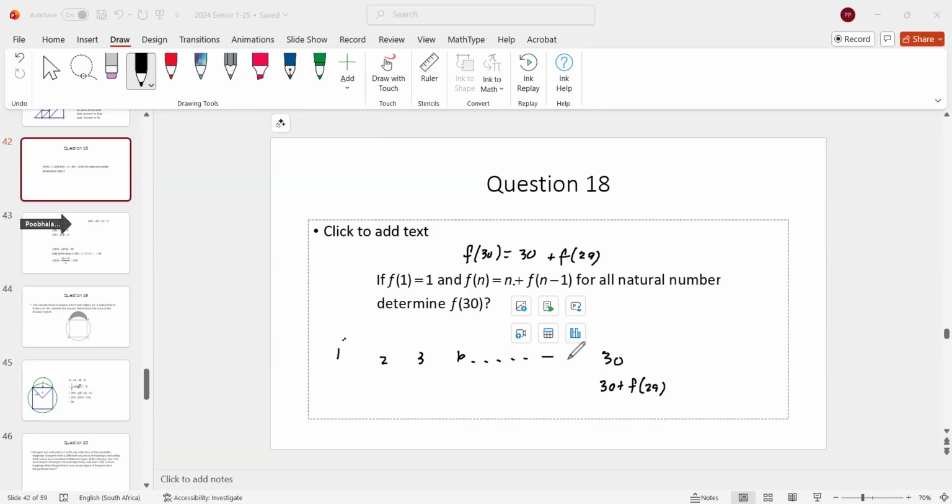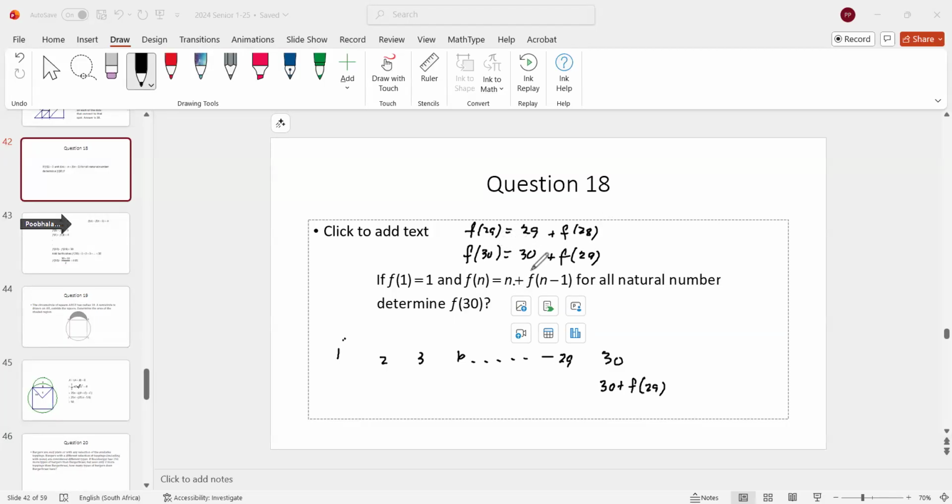Right, but we don't know what f of 29 is. So 29, right? We put n equals 29 here. So you get f of 29 is equal to 29, n equals 29, plus f of 28.